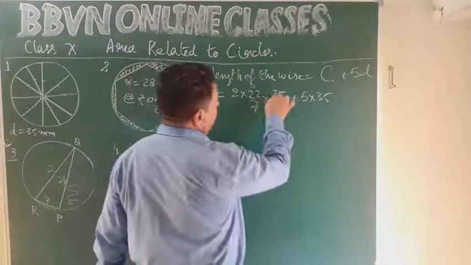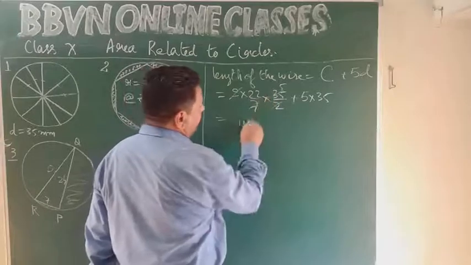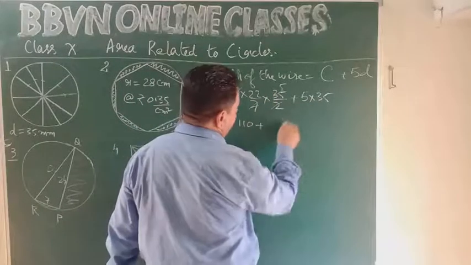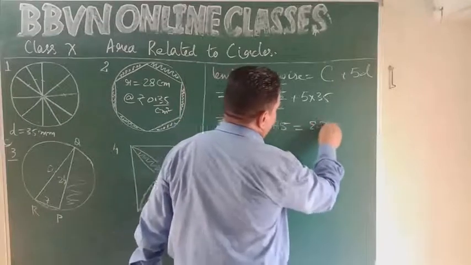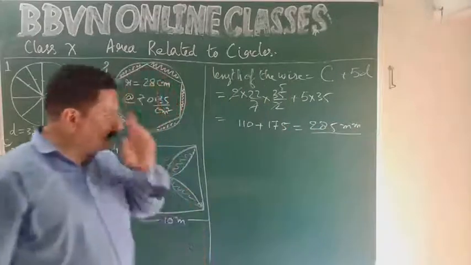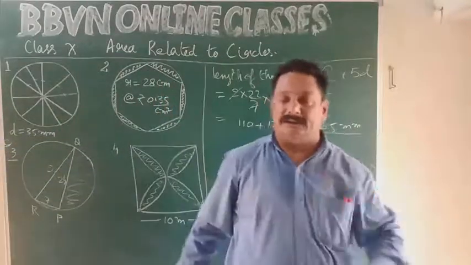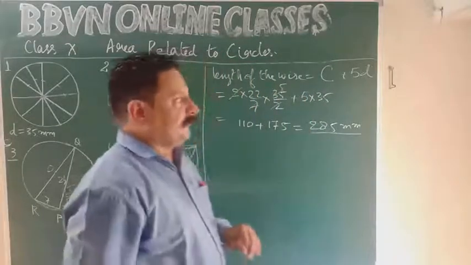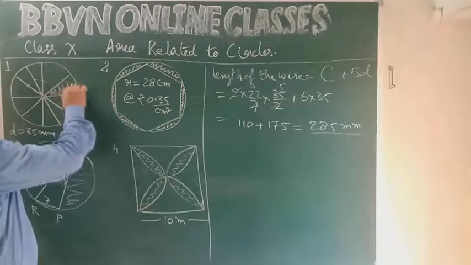Now 7 goes 5 times, 2 cancels with 2, 22 into 5 is 110, plus 5 into 35 is 175, total 285 millimeter. This is the length of the silver wire that has been used to make this particular design, this particular pattern.